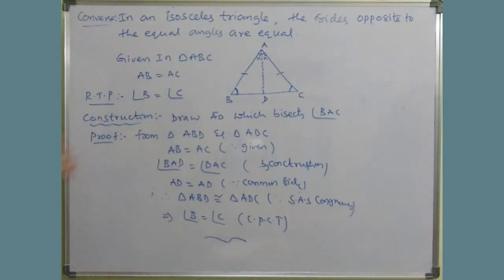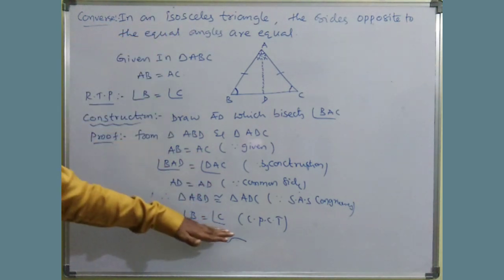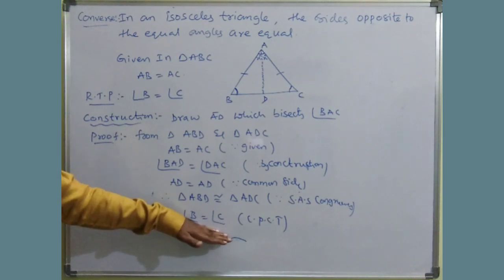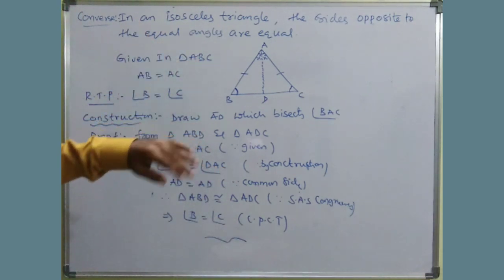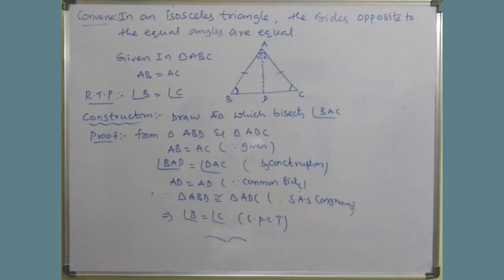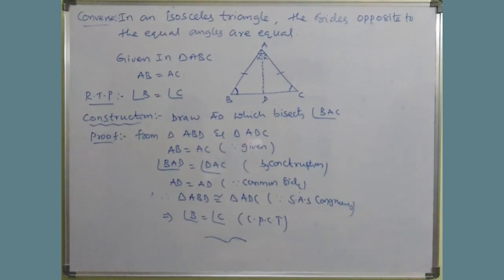Earlier, given sides are equal, then we proved angles are equal. Now reverse. If angles are equal, then the sides opposite to these angles are also equal. And you can write this in the same way by using congruencies.